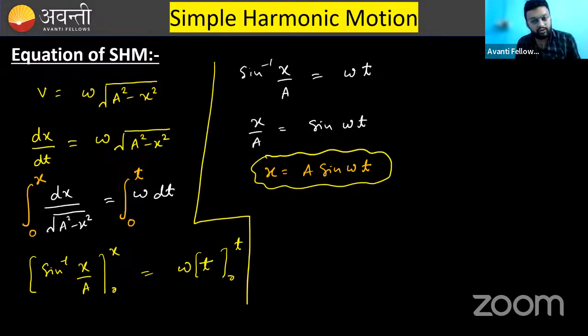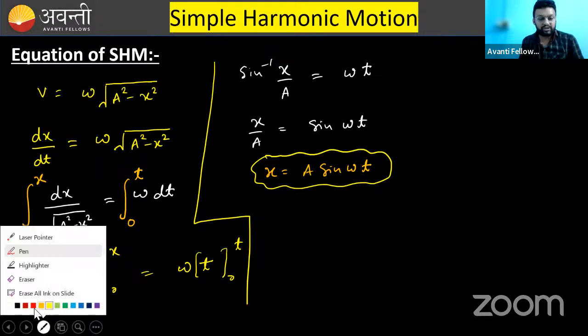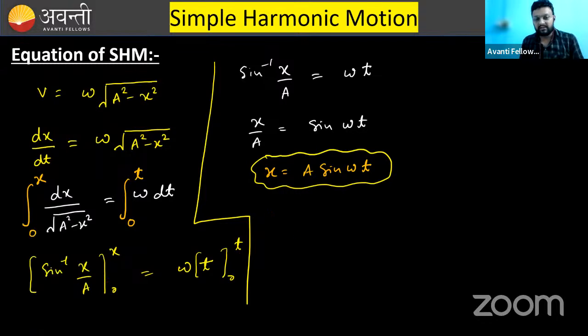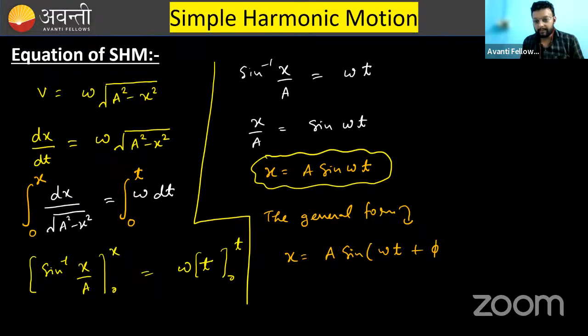If it was not so, in that case the general form of the equation we will get will be x equals a sine omega t plus phi.